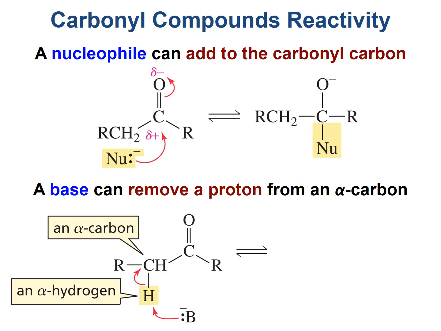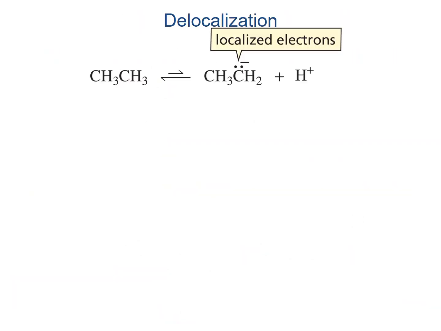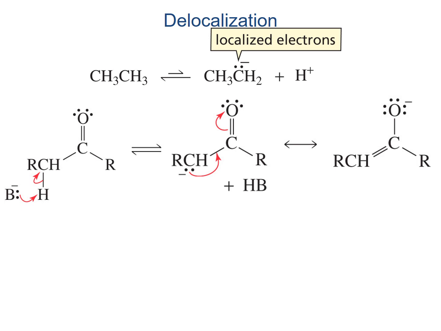After pulling off this hydrogen, notice that we can place a negative charge on the alpha carbon. What's the incentive for this reaction? Well, having that negative charge means we have delocalization if we have the carbonyl group. So again, we're going to be pulling off the hydrogen that is alpha to the carbonyl with a base, placing the negative charge.